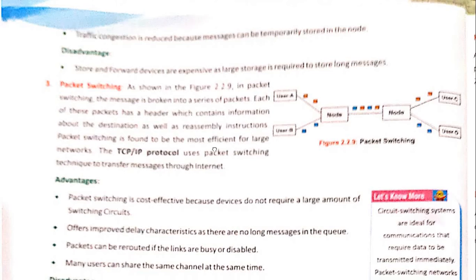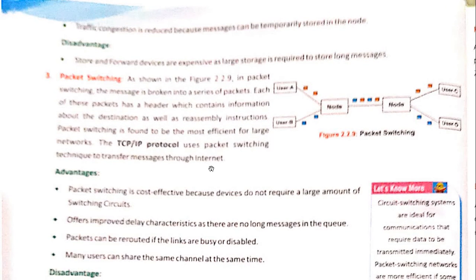Now this page has got blurred, let me explain it. You can see from your book. See here it is written traffic congestion, which you can understand with the help of a traffic jam on the roadways.